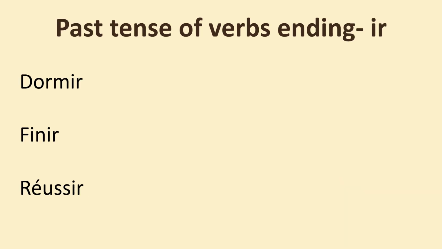Now, to form the past tense of those verbs, the only thing you need to know is how to form the past participle. You know it's going to be j'ai for the first person singular. Here it's even easier, because the only thing you have to do is remove the R. So from dormir, it will be dormi.